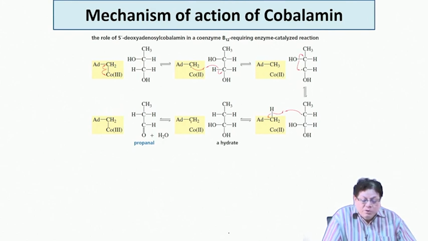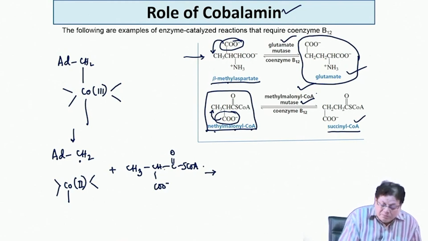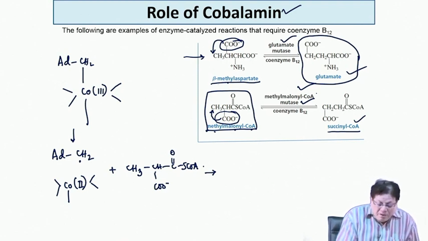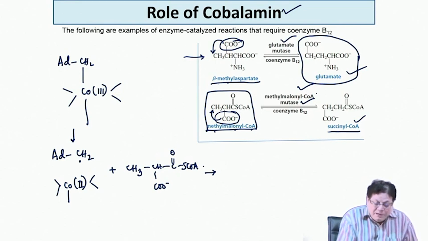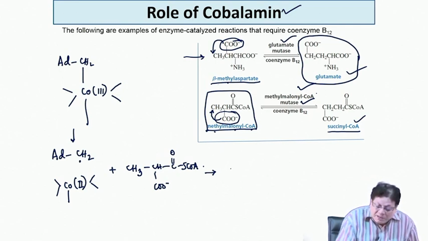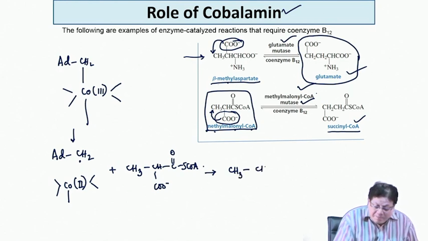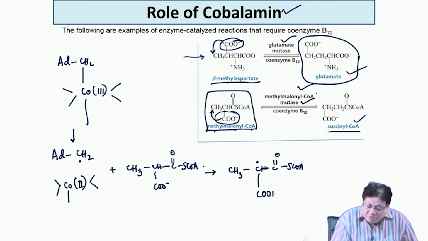So, obviously, it should abstract hydrogen from this. The first hydrogen to be picked up should be this, because that gives a stabilized radical, C dot, CO SCoA, and this will be COO, suppose H, better write now H.